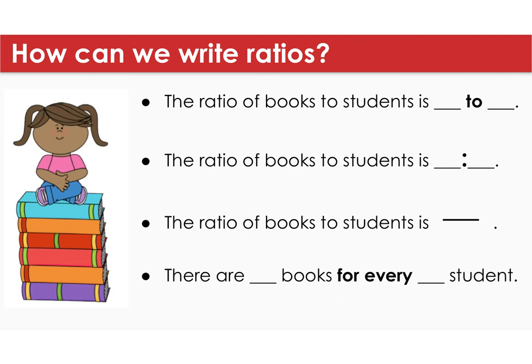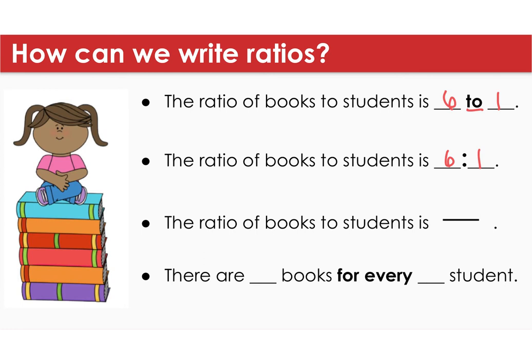So with ratio language, there are multiple ways to write ratios. The ratio of books to students, so we said there were 6 books and 1 student. We can write it with words, with the word "to." The ratio of books to students with the colon is the same, 6 to 1.